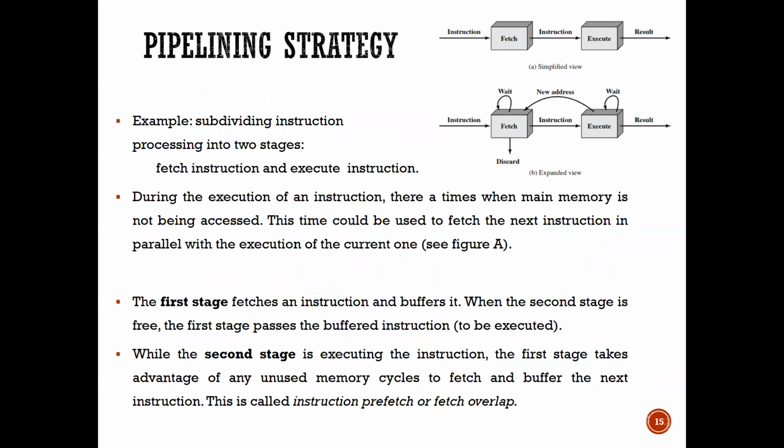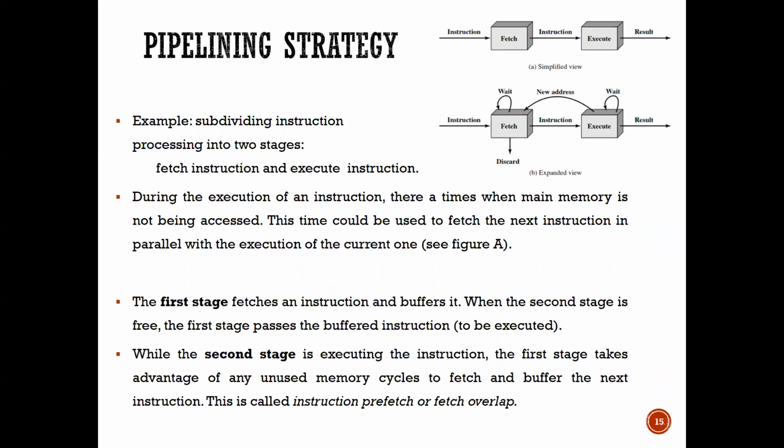Pipeline strategy. For example, subdividing instruction processing into two stages, fetch instruction and execute instruction. During the execution of an instruction, there are times when memory is not being accessed. This time could be used to fetch the next instruction in parallel with the execution of the current one.